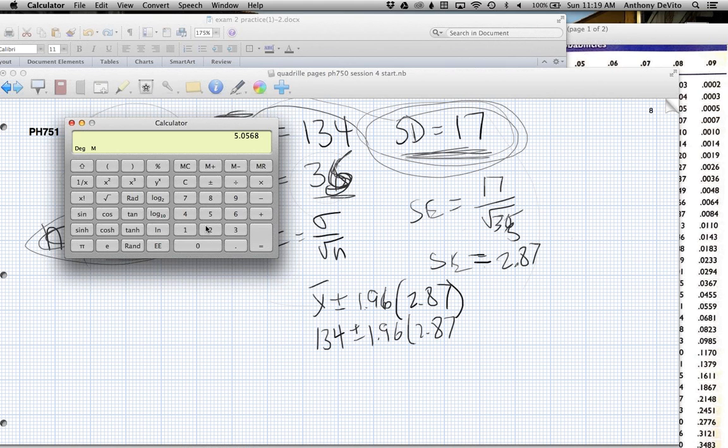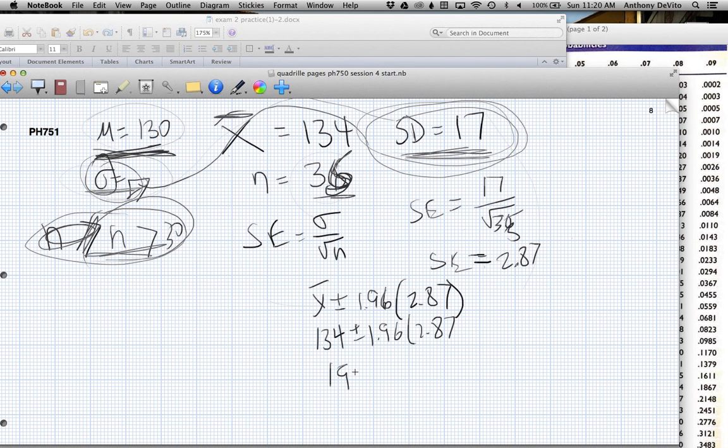Now I'm going to take 134 minus my margin of error, which is equal to 128.94. Yep, 128.94.